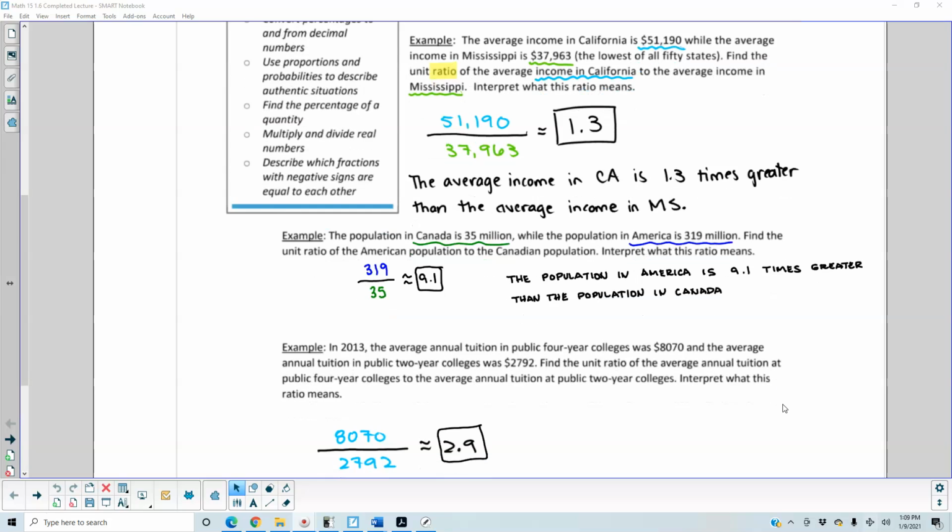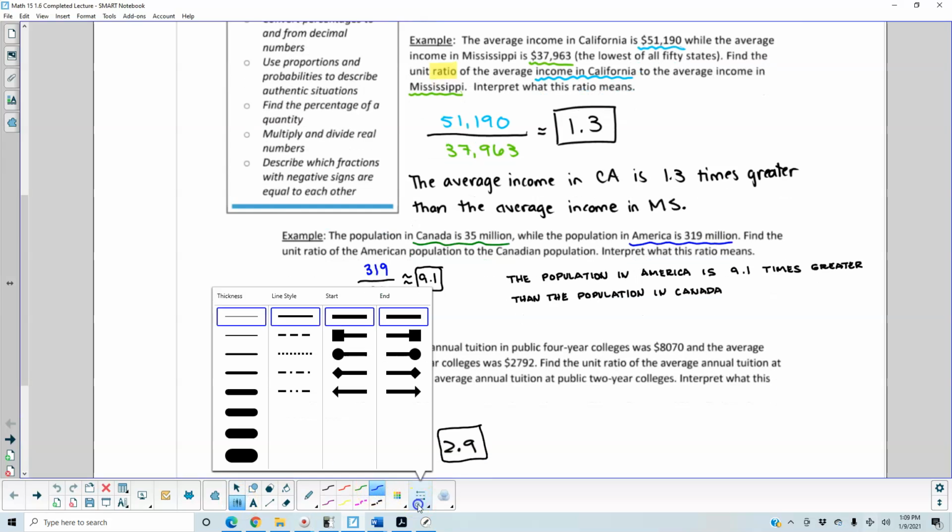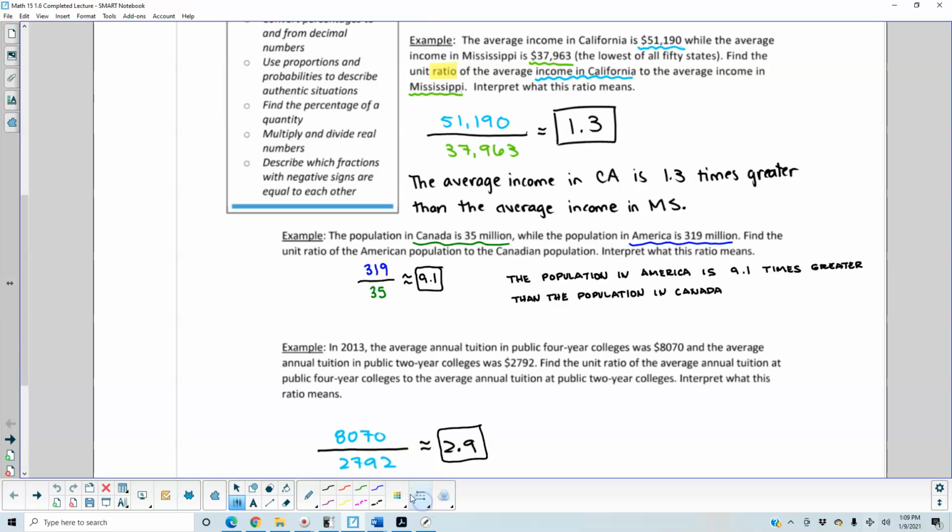So again, we are starting out with the four-year. So we're looking at the public four-year, so that is 8,070.